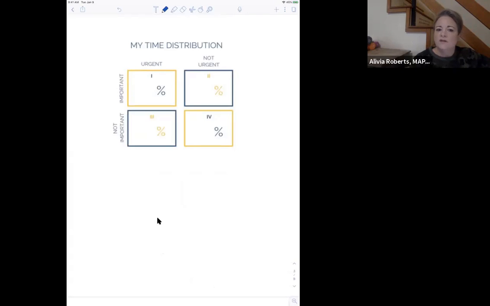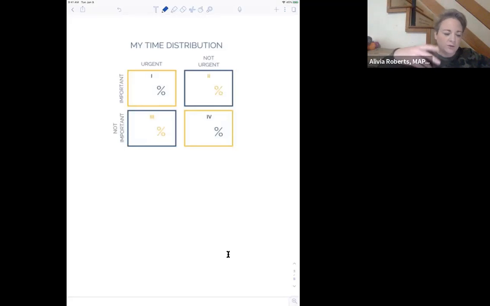So to evaluate yourself, you could take a look at your typical week and estimate the percentage of your time you spend in each quadrant. This doesn't have to be 100% correct. It's just about having an idea. So if you're having trouble with this exercise, you can document everything you do for a week, write down some exact times, activities.